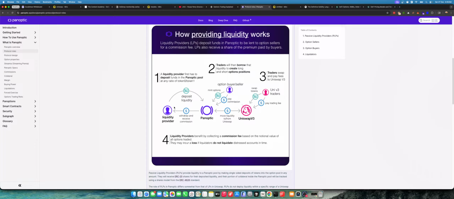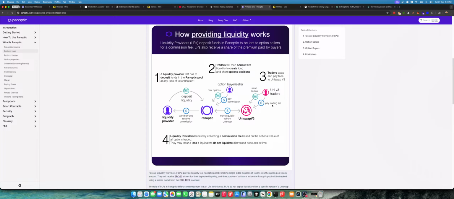So the deposit liquidity, withdraw. Option buyers mint options and pay commission. Basically they mint options for some certain liquidity.